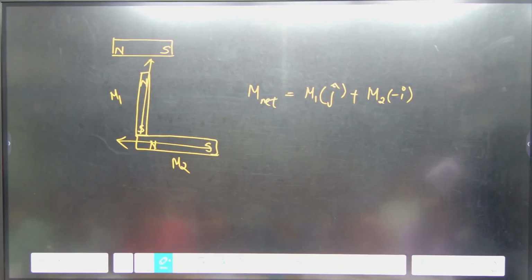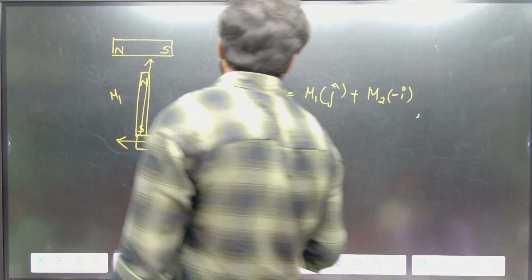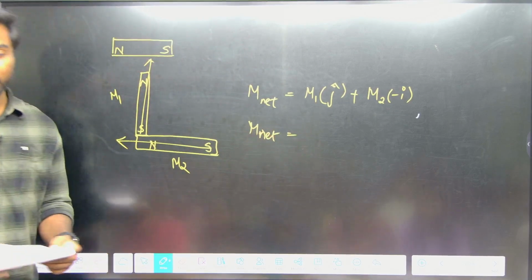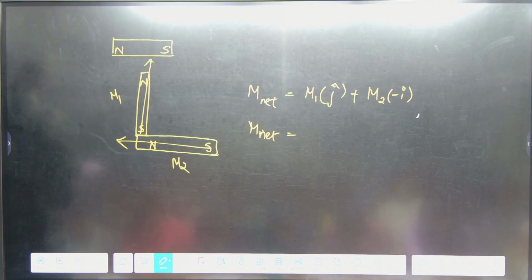So this is the vector form. If they are asking for the magnitude, write down, M net is equal to M by root 2.